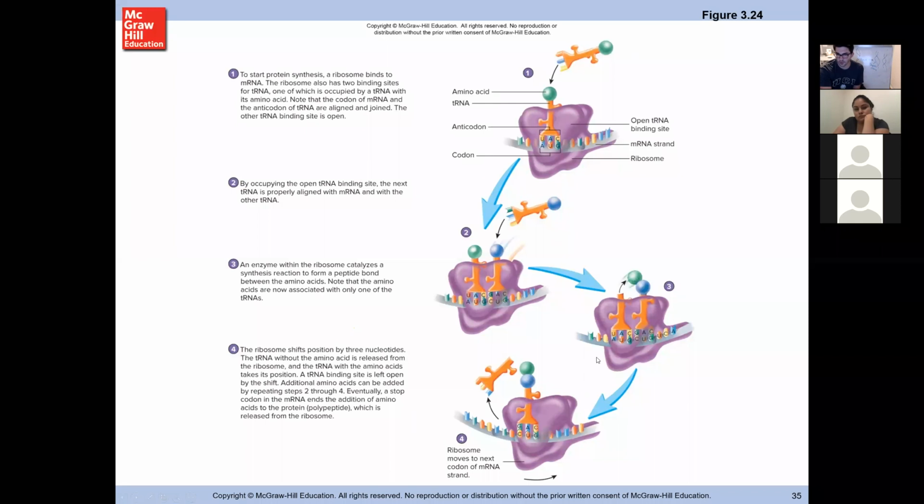And then this happens over and over and over until we get the designated amount of amino acids in the specific kinds and the specific orders. Then this amino acid chain gets released, and then it goes into another molecule that folds it. And then we make our protein, and Bob's your uncle. And it goes off and does whatever it does.